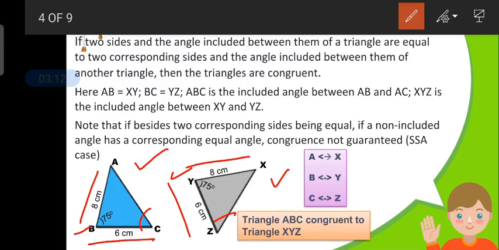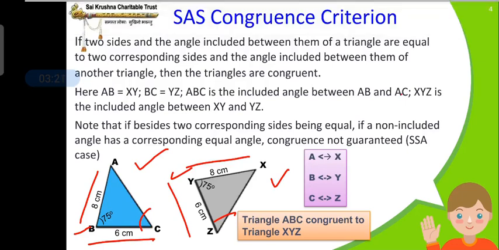When 2 sides and an angle which is included between them are equal, then the triangles are said to be congruent according to the SAS congruence criterion. So here AB is equal to XY, BC is equal to YZ, therefore angle ABC is the included angle.